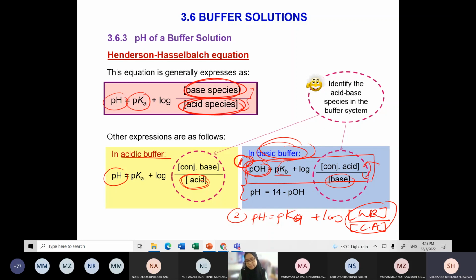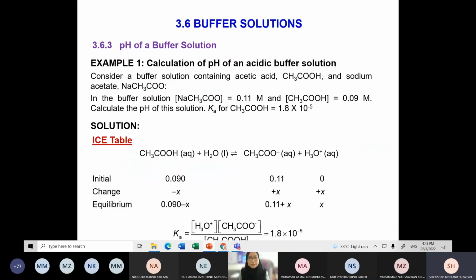But it's up to you. Which one do you prefer the best? Alright, so these are the formulas. Let's look at an example, guys.